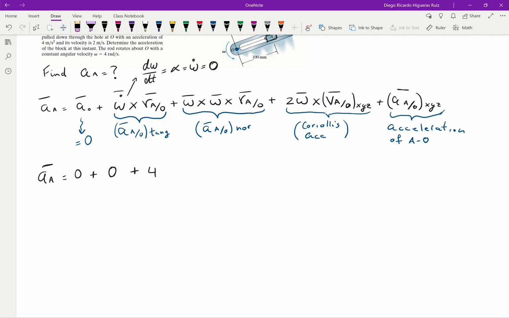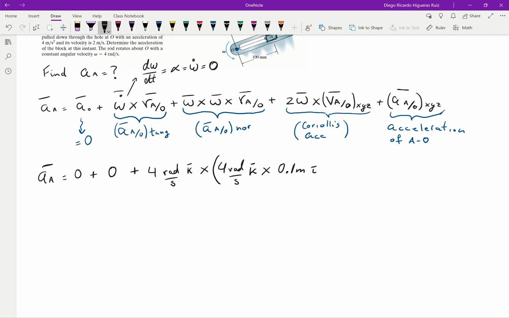So it's gonna be 4 radians per second in the k direction, cross product again, and then cross product the position of A relative to O. Not quite the distance, it's gonna be the position, so it's gonna be a vector, and that's gonna be 0.1 meter in the i direction.